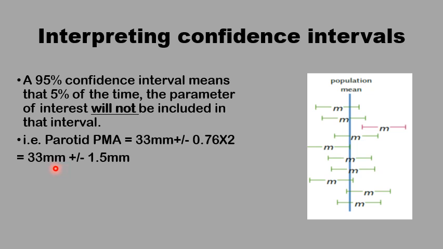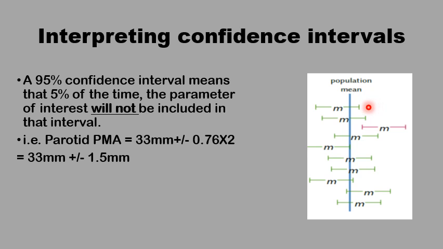That is 33 millimeters plus or minus 1.5 millimeters. The confidence intervals are somewhere between 31.5 millimeters and 34.5 millimeters. Within these limits, within this 3 millimeters range, we would expect the population mean to be.